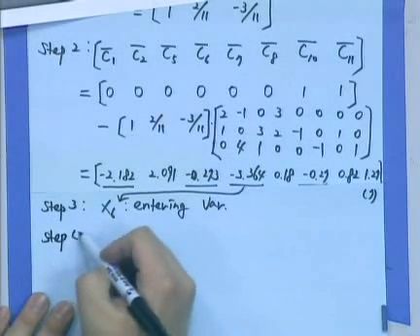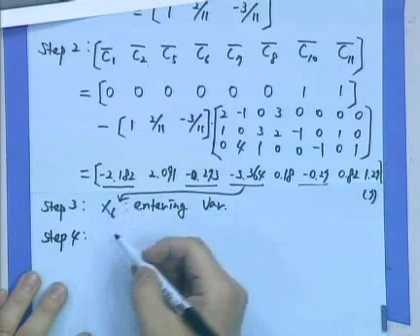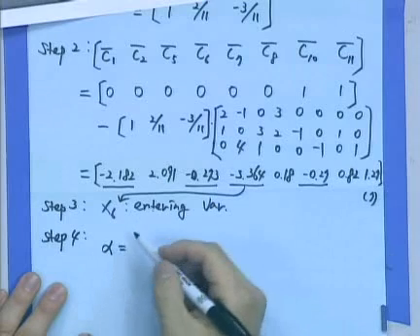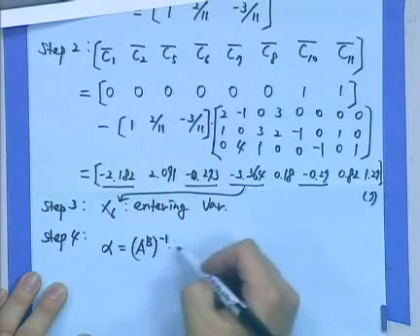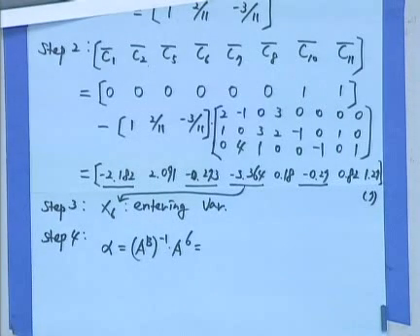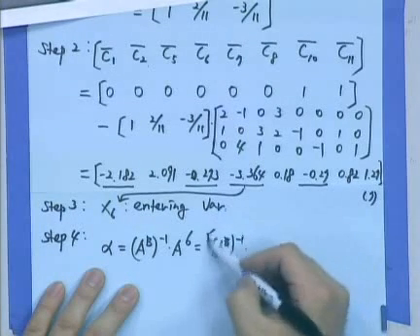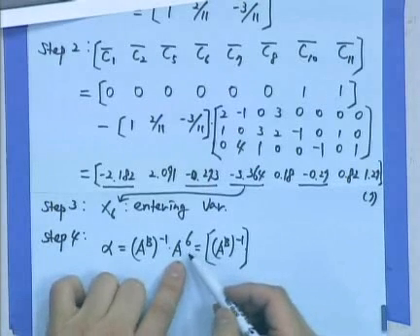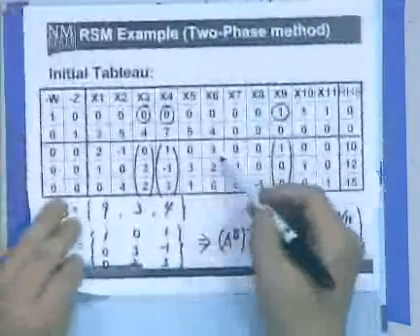Next, we need to determine the leaving variable. So first of all, we need to compute the substitution rate alpha. We have the basis inverse matrix right here, and the constraint coefficient for the x6 variable, which is 3, 2, 0.